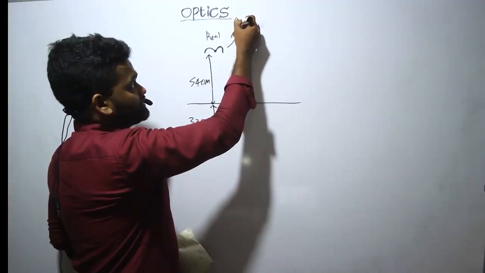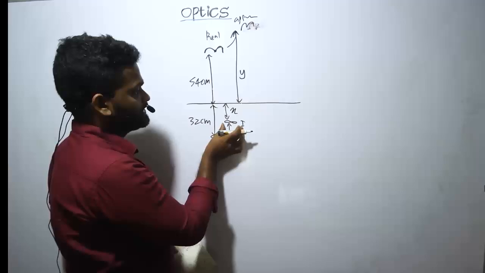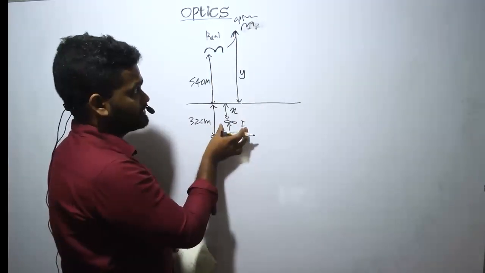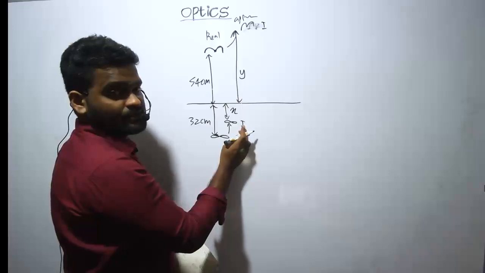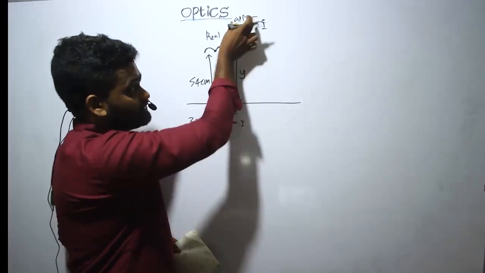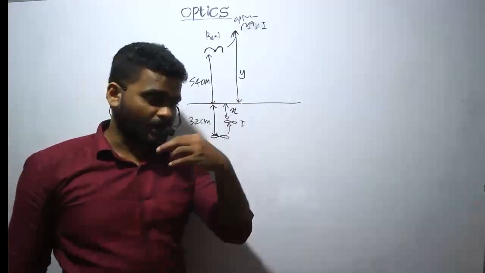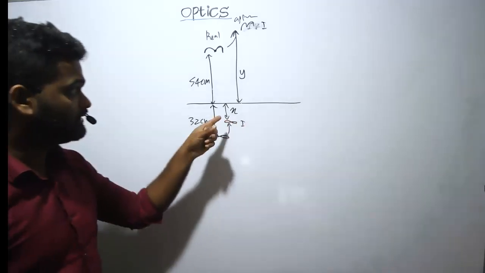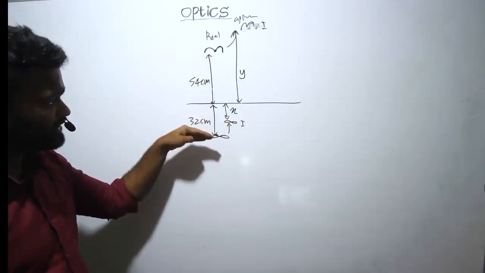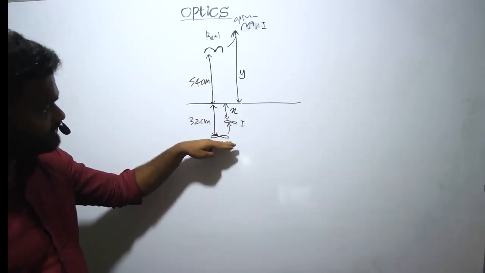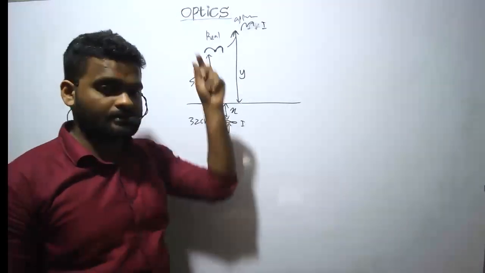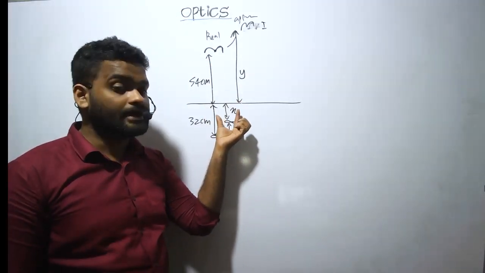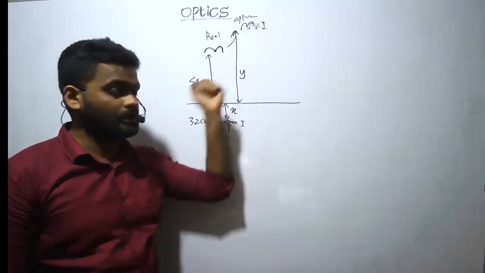So these are apparent positions, how the bird sees and how the fish sees. This is I, this is also I. These two are images actually, the image of the fish and the image of the bird. This is not how we see. This is how the bird sees the fish, and this is how the fish sees the bird, above that. So what you have to do is just find x and y.